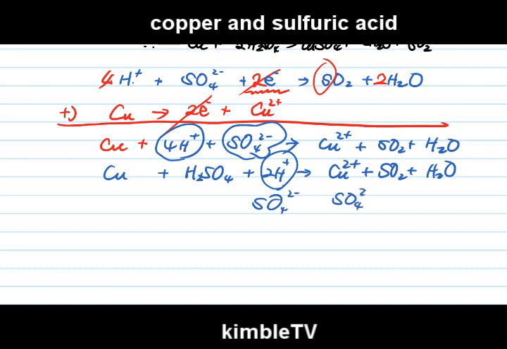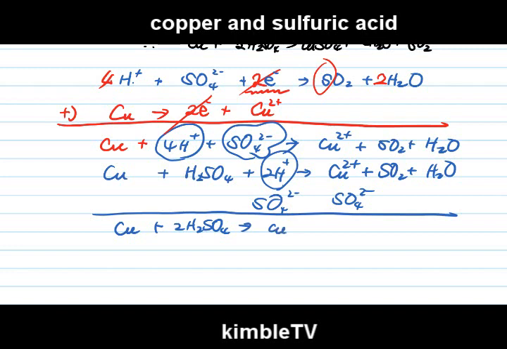Therefore, copper plus 2 sulfuric acid gives copper sulfate, sulfur dioxide, and water. Okay, we have got the completed equation by using electrons.